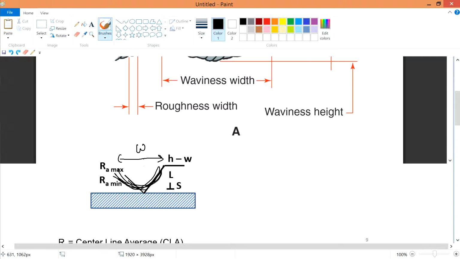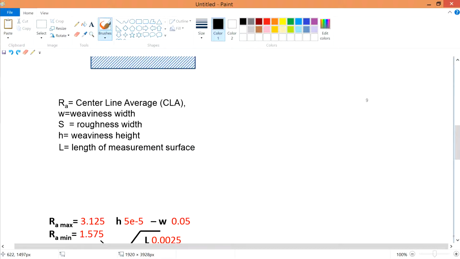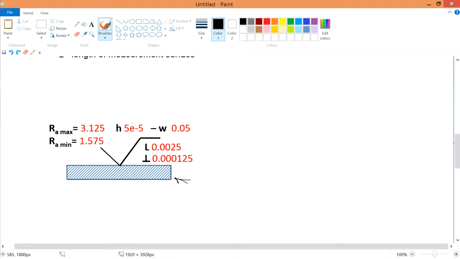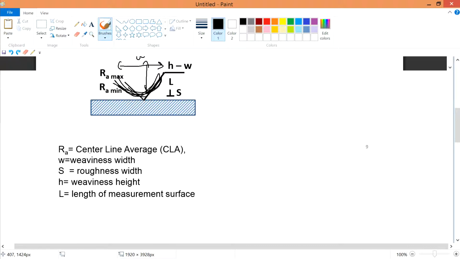The waviness height minus the waviness width will give you a certain answer. I think it's the Ra max, the centerline max. So they take H minus W, which equals Ra max, and this is how they find their centerline average.